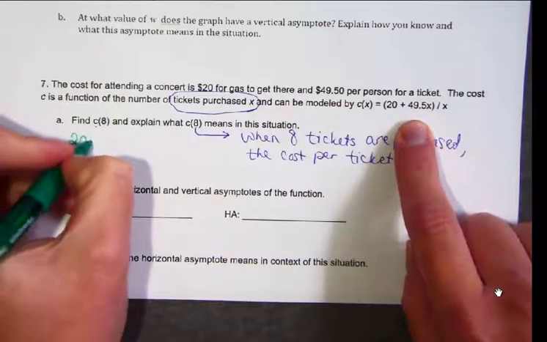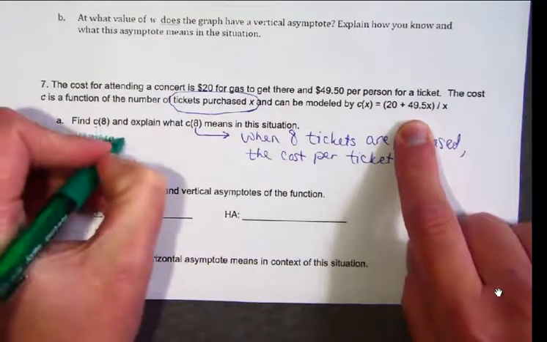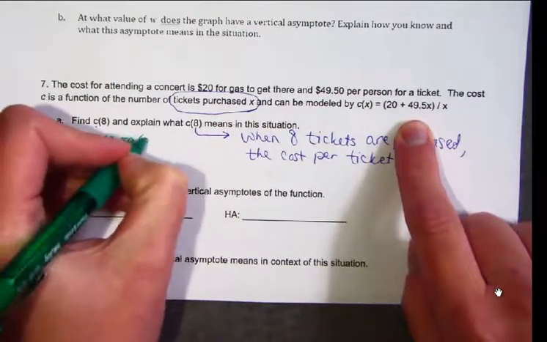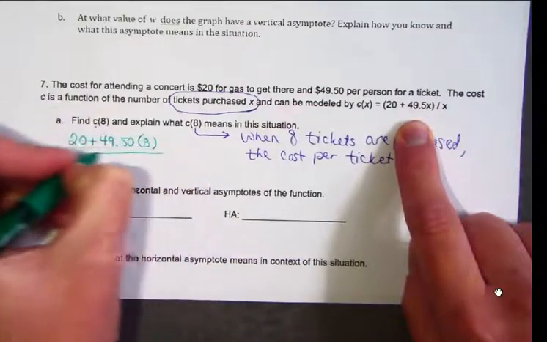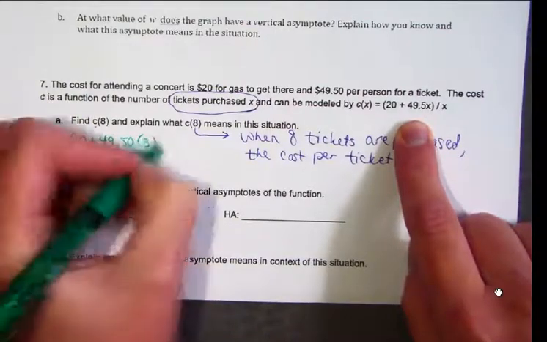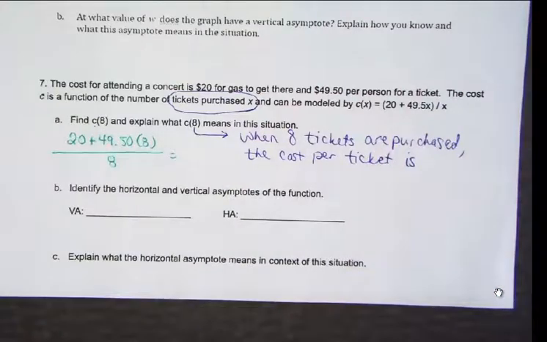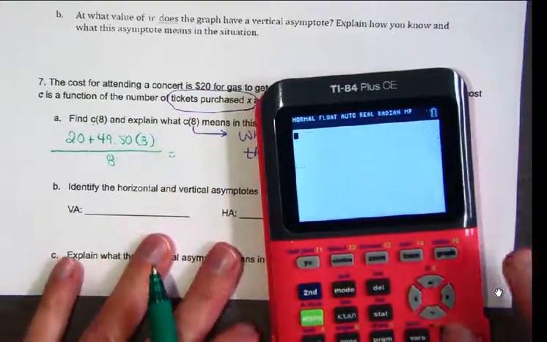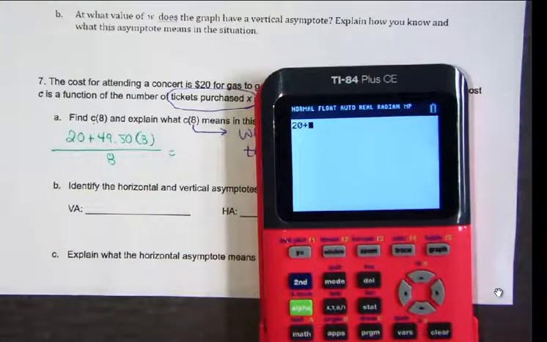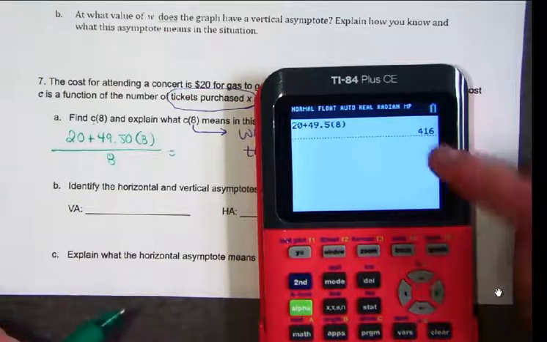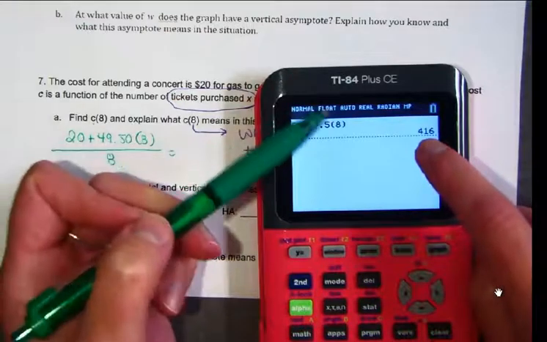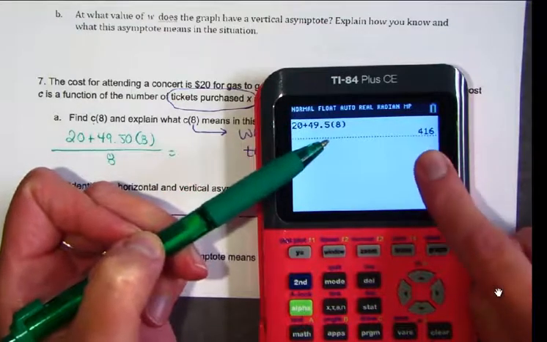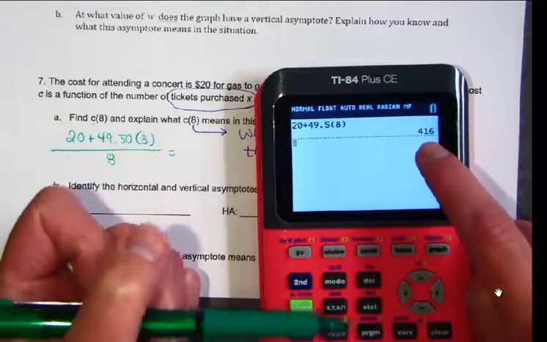We have 20 plus 49.50 per ticket. We're buying 8 tickets, and we're going to divide that total cost among the 8 tickets, or the 8 people going. So we have nothing but numbers. Let's plug some numbers into our equation. So if I bought 8 tickets, that'd be a total of $416 total.